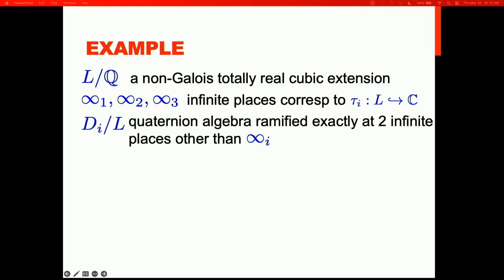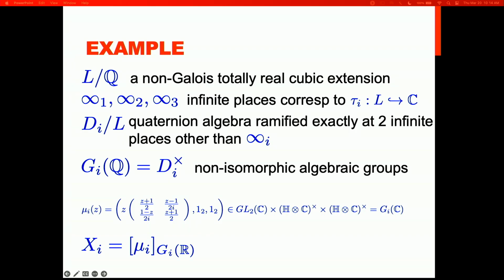And there are three quaternion algebras with center L ramified at exactly two of the infinite places. So I'll write D_i for the quaternion algebra that's ramified at the two infinite places other than infinity i. And then there's an algebraic group G_i over Q, defined by the fact that its Q points is just the multiplicative group D_i cross.